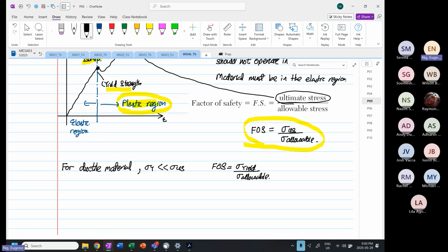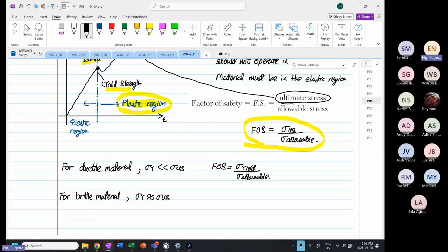So when is it correct? For brittle material, okay, where the yield strength is approximately equal to the ultimate strength. Okay, brittle material doesn't have ductility at all, right? It cannot work in a plastic region.